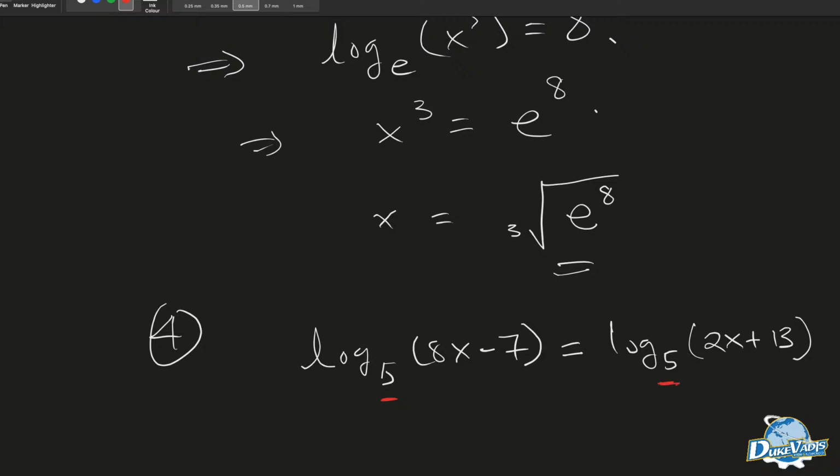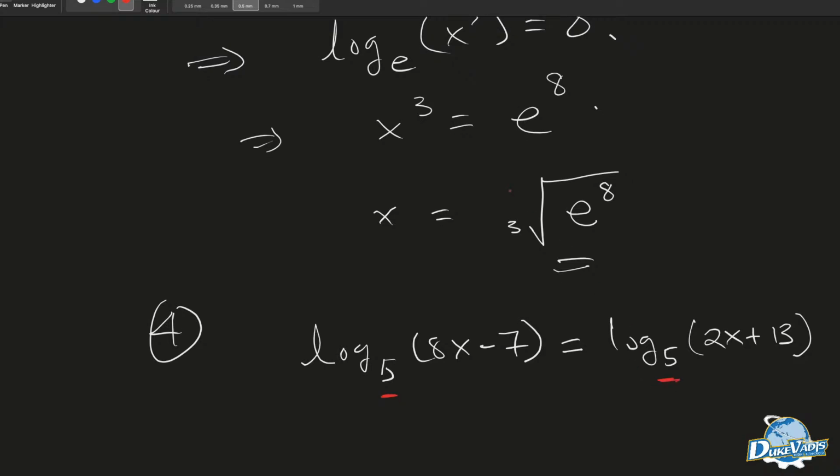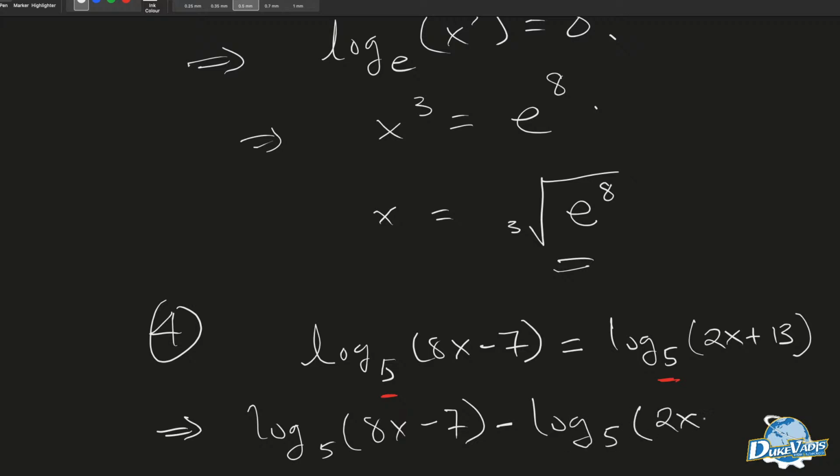So what I want us to do is pull the log to the base 5 of 2x plus 13 into the left side. So when we do that, we say log to the base 5 of 8x minus 7 minus log to the base 5 of 2x plus 13 is equal to 0.